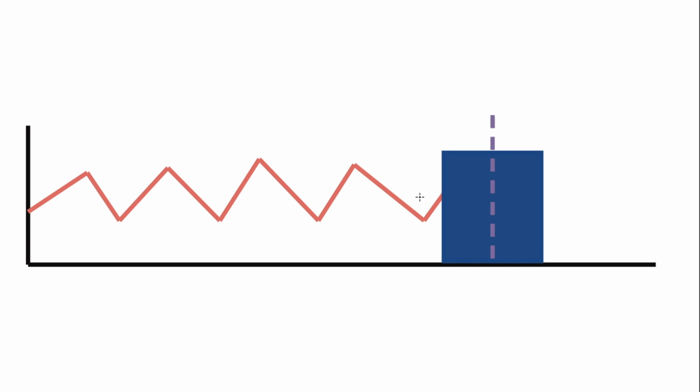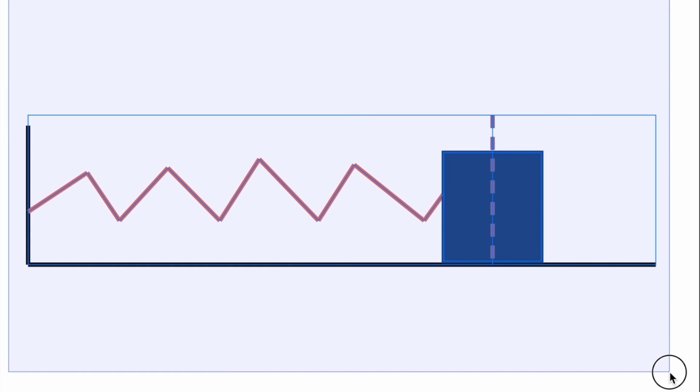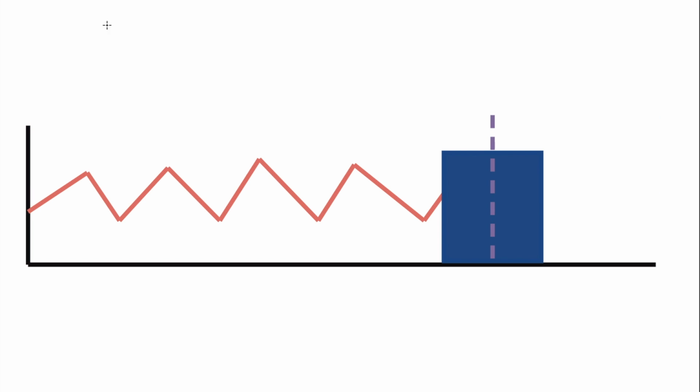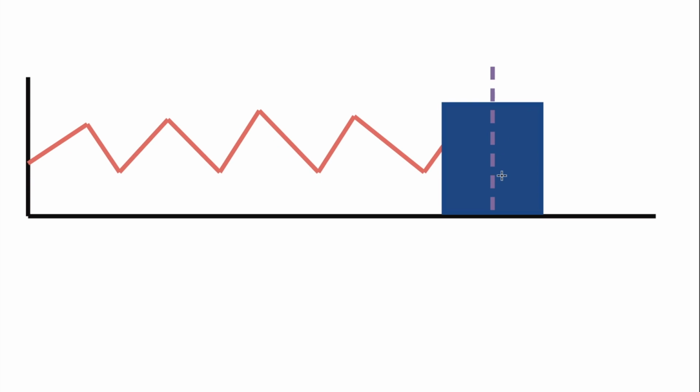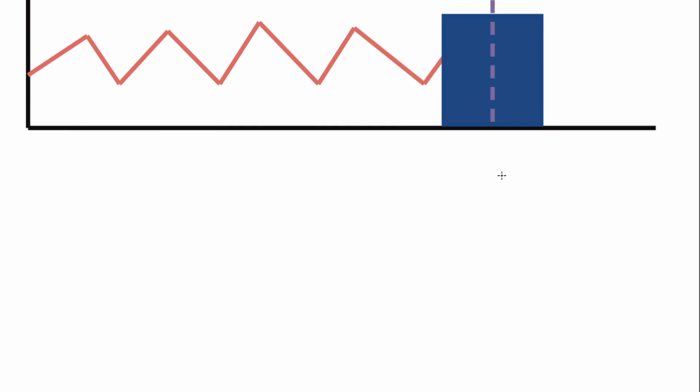Well, let's go to a little bit less messy drawing. So we have this. How do we define the period? Well, maybe the period is based on the amplitude. Maybe how far you pull it back depends on how slow or fast it oscillates back and forth.